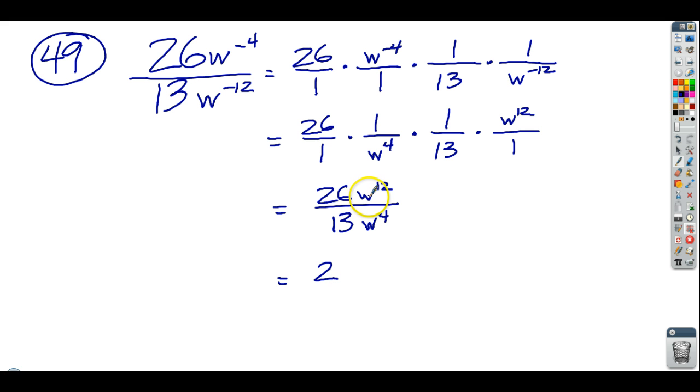This has 12 w's divided by 4 of those w's. So 4 of these and 4 of these will cancel out, which leaves me with w to the 8th, all over 1. So I can just write it as 2w to the 8th power. And this is the final answer.